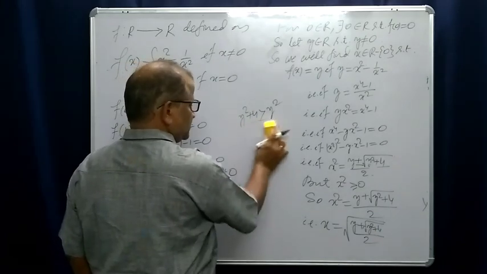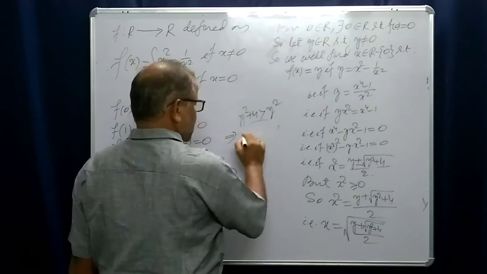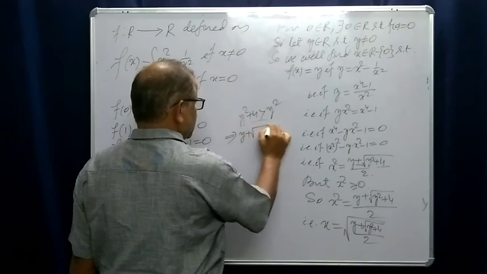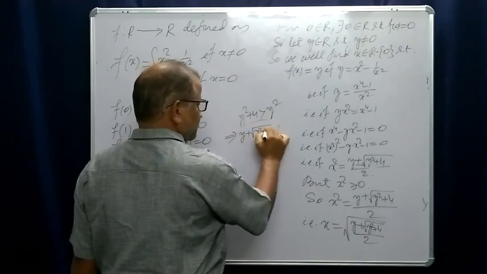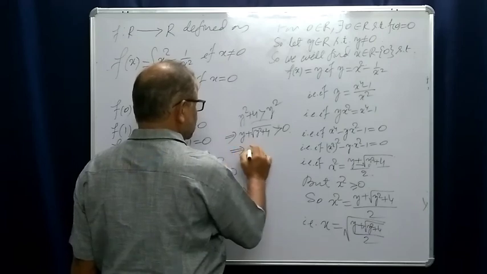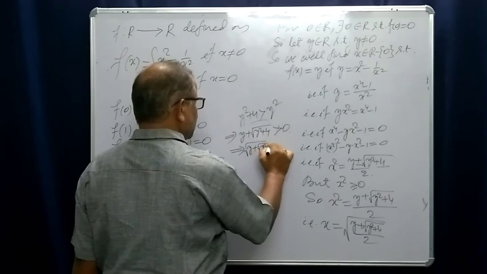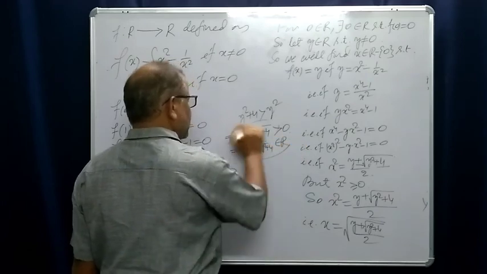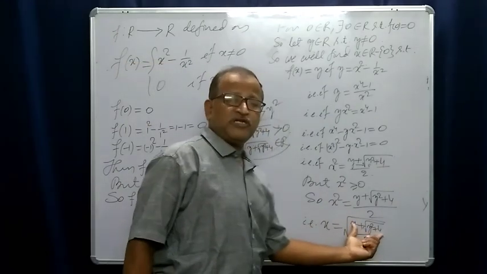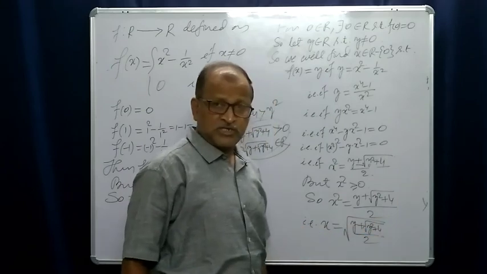This implies that square root of y plus square root of y square plus 4 belongs to R. It will be a real number. You see, y plus square root of y square plus 4 is a positive quantity.